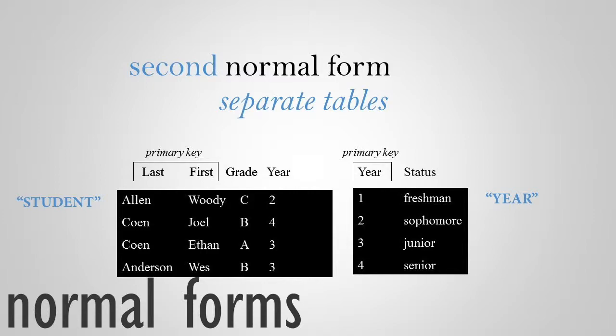Maybe the information about the student is in one table, but then how to interpret those years in school is a separate table. So first, year 1 means that they're a freshman, year 2, sophomore, and so on. Separate that into a different table, and now grade and year depend on the entire primary key and not only on part of it.